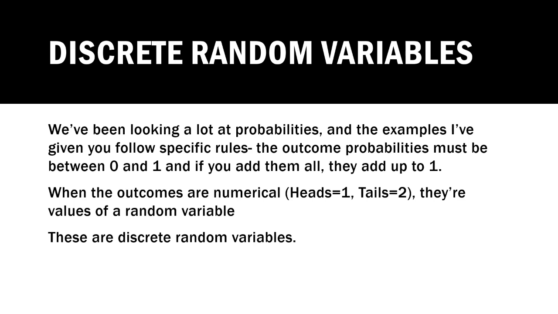So the first one we'll talk about is discrete. We've been looking at a lot of probabilities lately, and the examples I've given you follow specific rules. The outcome probabilities must be between 0 and 1, and if you add them all up, they add up to 1. When the outcomes are numerical, they're values of a random variable.